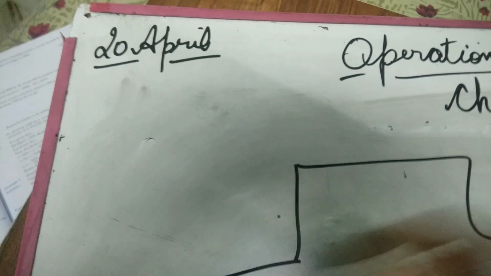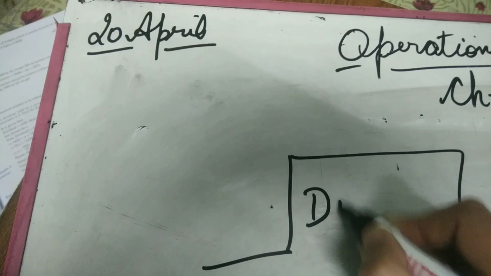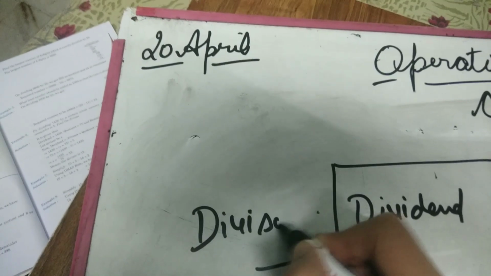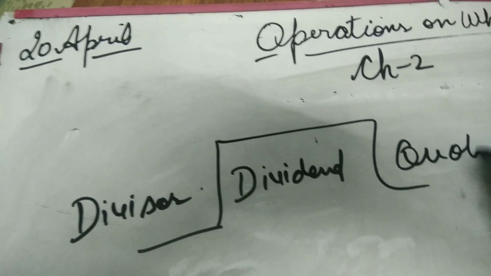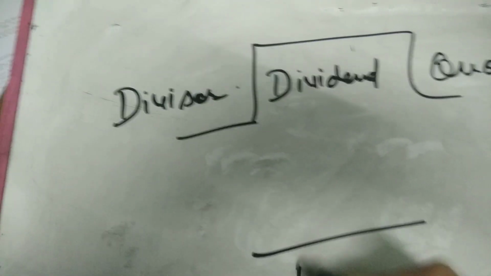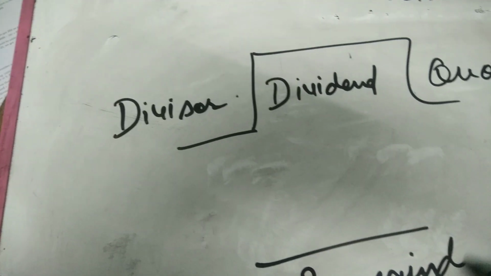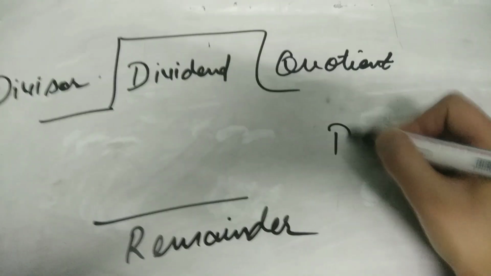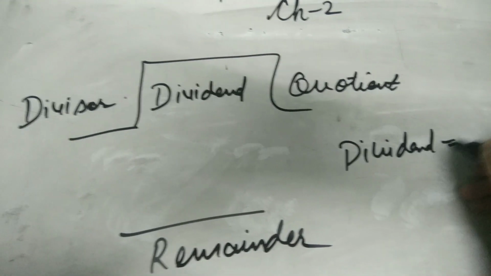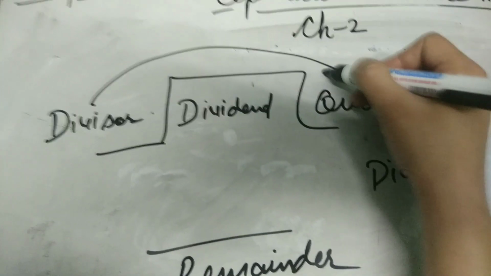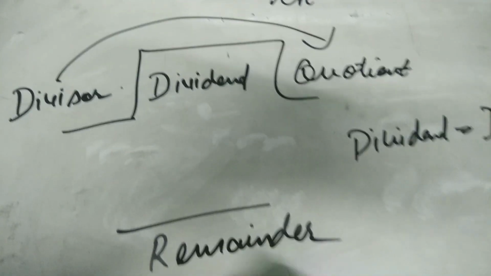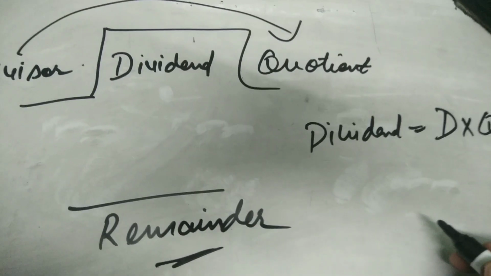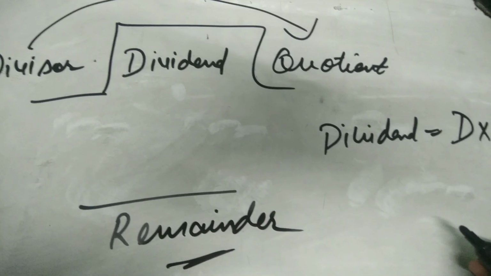When you are dividing, here we have the dividend, divisor, quotient, remainder. And we know this, when you put it in the formula, you write dividend is equal to divisor into quotient plus remainder.